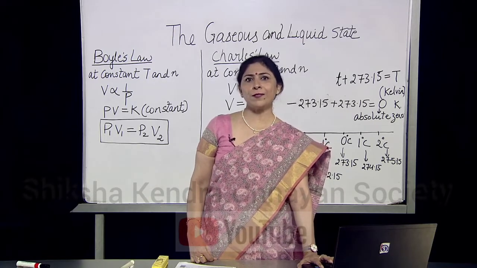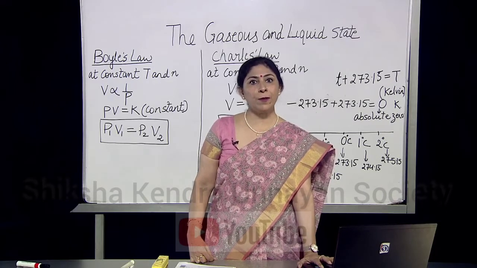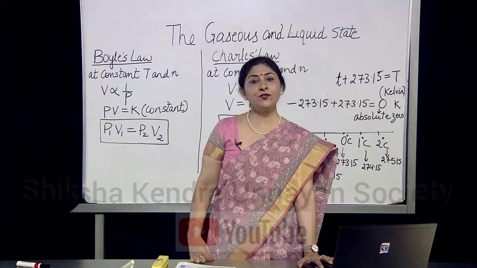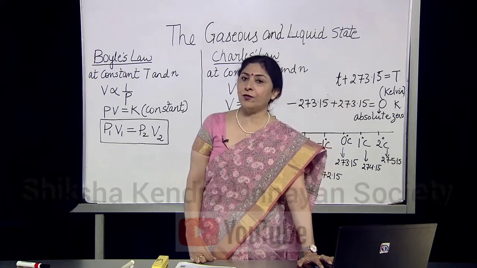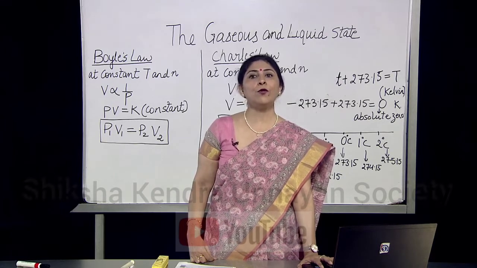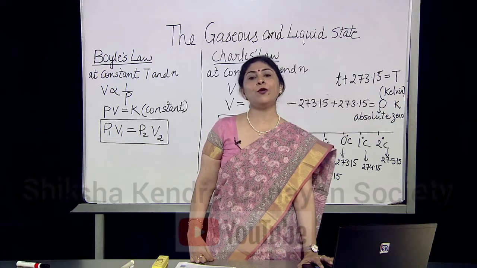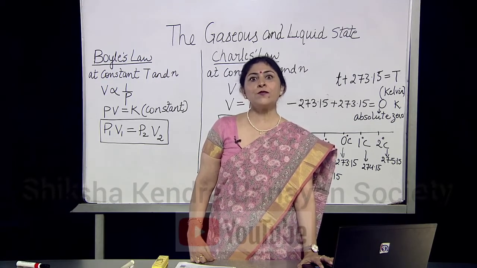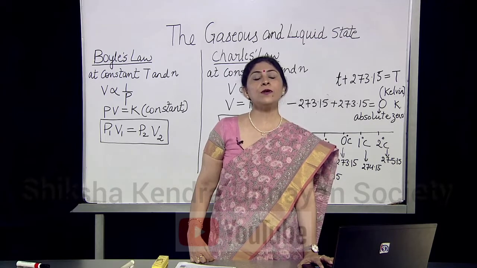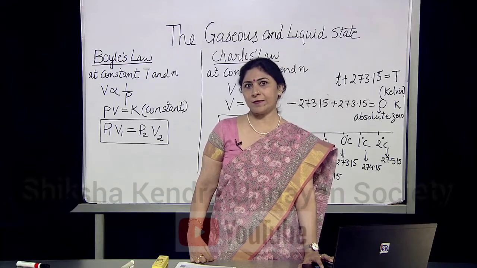Now, according to Boyle's law, if we have a perfect gas of a given mass at constant temperature, that is temperature which remains unchanged during the change of state of gas, and if the pressure of the gas increases, then the volume of the gas decreases, and if the pressure decreases, then the volume of the gas increases. So, the conclusion is that the pressure varies inversely to its volume at constant temperature for a perfect gas.